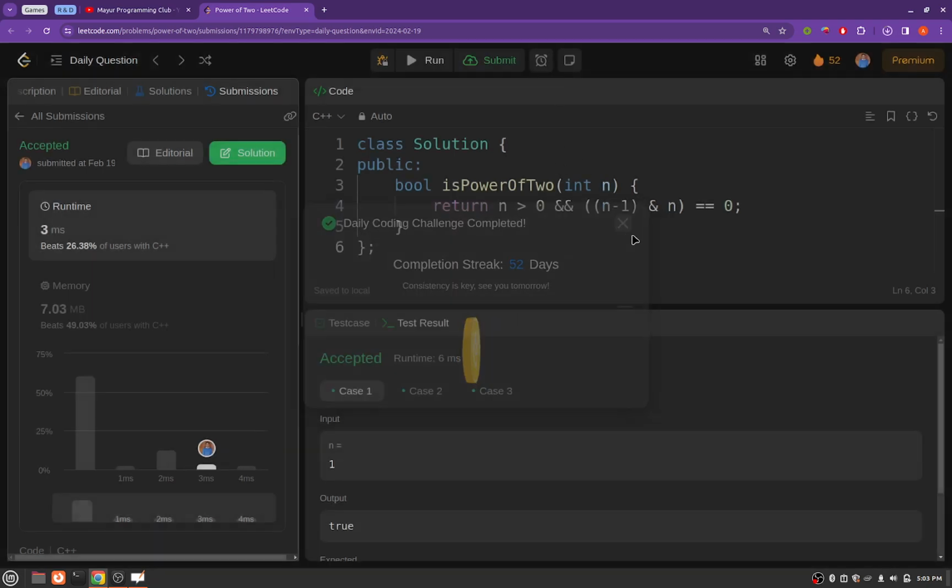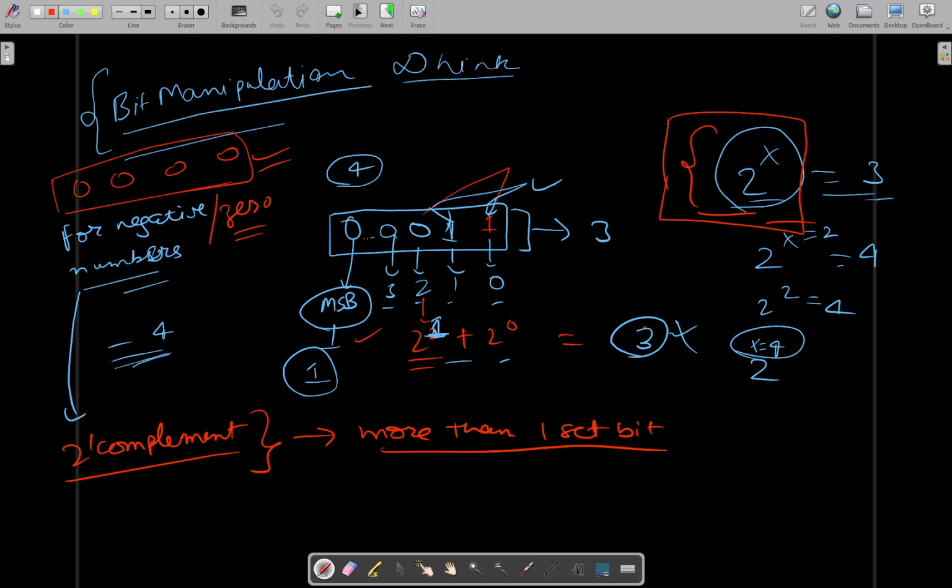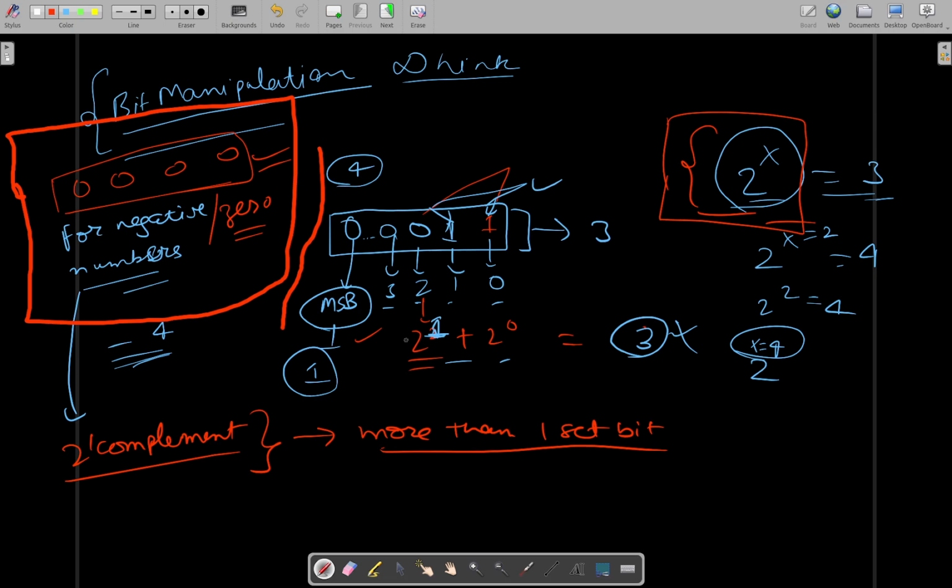So this was the whole observation that we were required to make. Firstly, we need to take care of negative numbers and the number being 0. So this should not be the case. I told you the reason why, because the most significant bit is set in the binary representation, and negative numbers are stored as 2's complement.